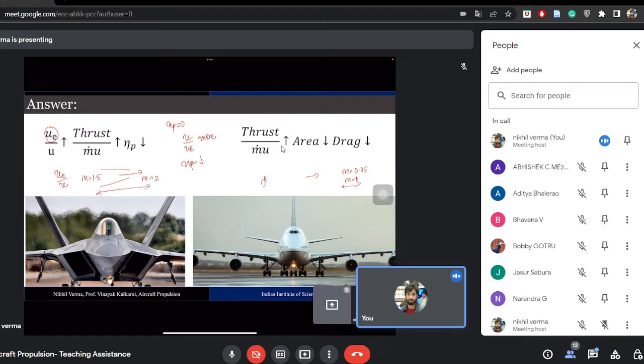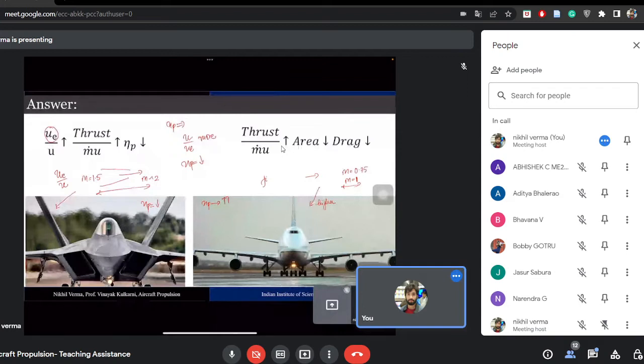So this results in the propulsion efficiency for this case being lower, and propulsion efficiency for commercial aircraft is higher because we want a higher speed in this case, whereas the main purpose of these aircraft is that they want a higher efficiency rather than higher speed.